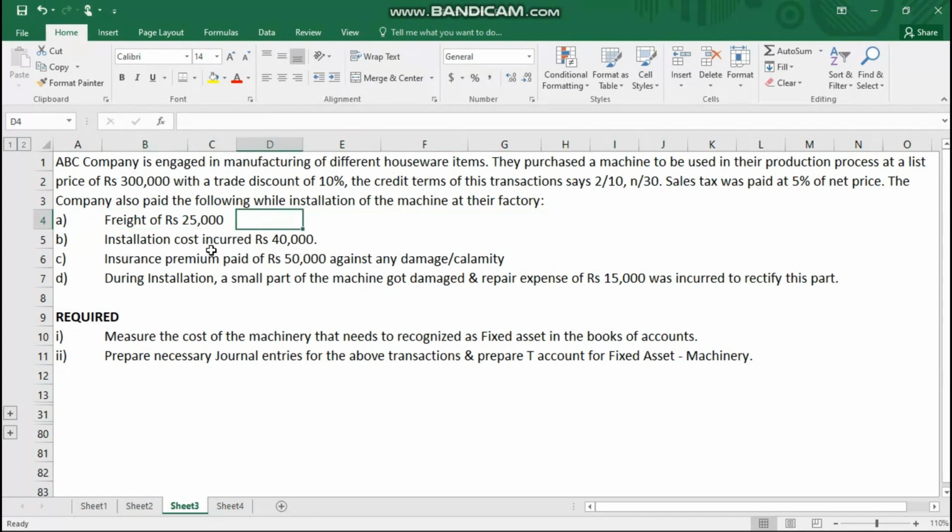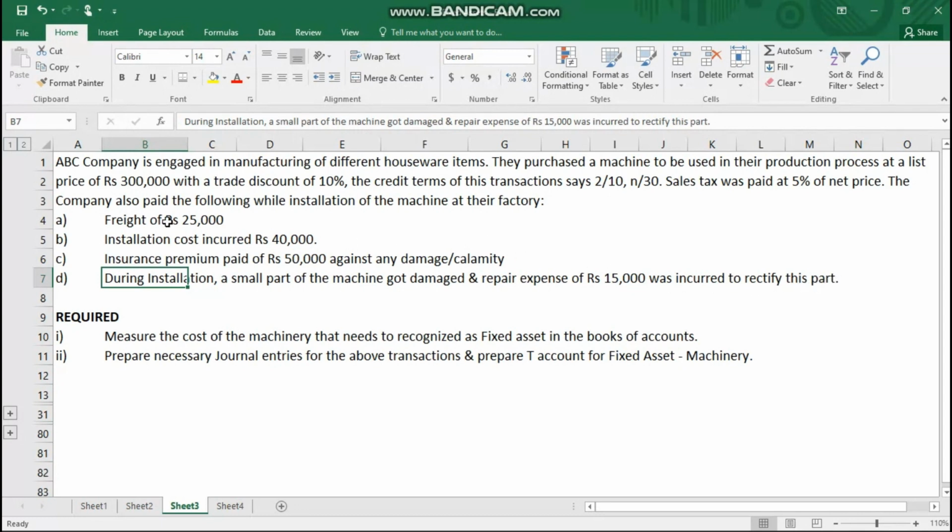Two, installation cost incurred of rupees 40,000. Three, insurance premium paid of rupees 50,000 against any damage or calamity. And number four, during installation, a small part of the machine got damaged and a repair expense of rupees 15,000 was incurred to rectify this part.